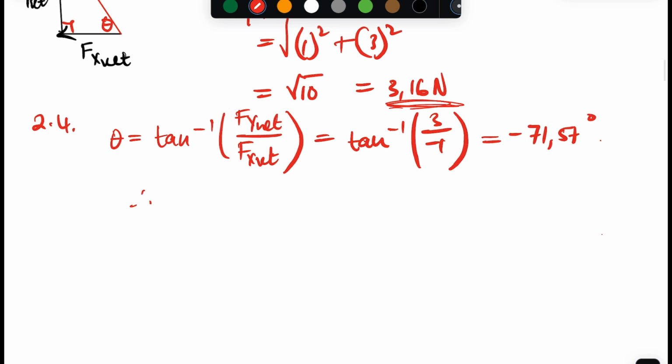So you'll say therefore theta is equal to 270 degrees plus 71.57 degrees, and the answer is 341.57 degrees.